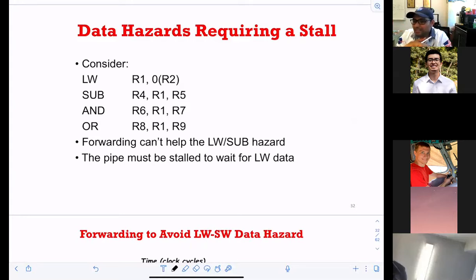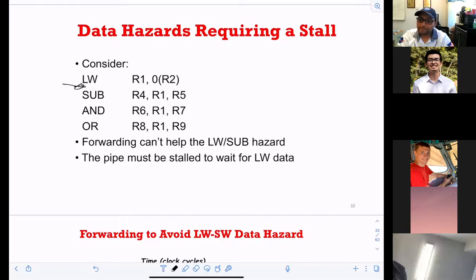I cannot immediately go and subtract directly R1 from R5. I have to stall. I have to stop completely for 5 or 4 cycles, depending on how many stages I'm in, until the data is drained out and ready to be placed in R1. Then I can use it. So forwarding as a solution is not an ultimate solution. Still, I have to use tricks in the software to solve the problem.